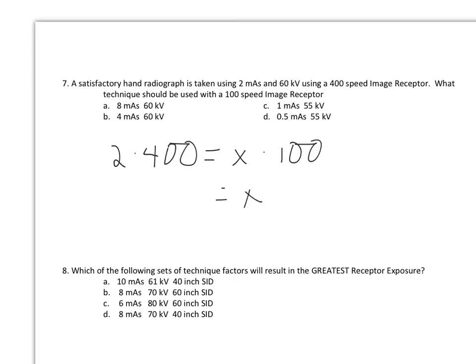So x would equal, excuse me, divide both sides by 100. 2 times 400 divided by 100. And that will give us 8. And so the answer would be 8 mAs at the 60 kVp, or answer number A, or letter A.